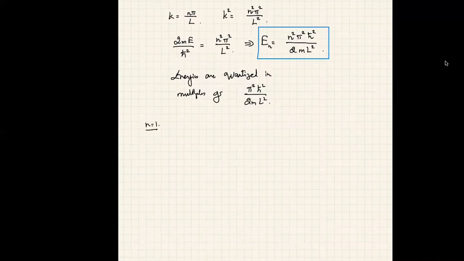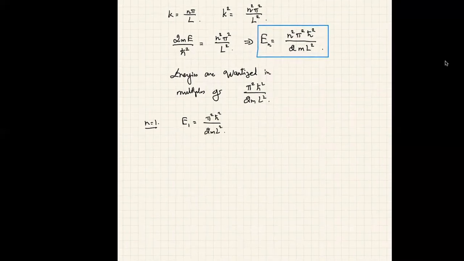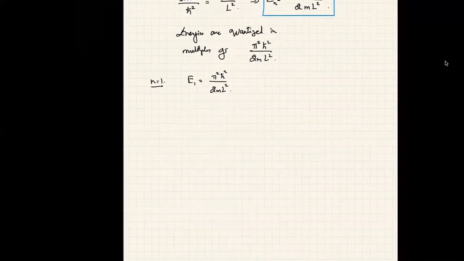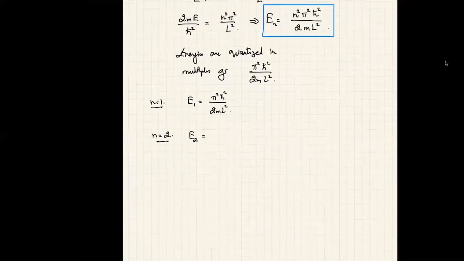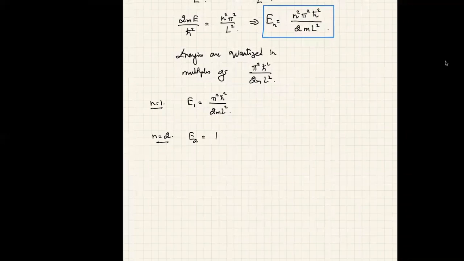This is called the ground state, and the ground state has energy E1 equal to pi square h bar square over 2mL square. The first excited state has n equal to 2, and this has E2 equal to 4 times pi square h bar square over 2mL square.